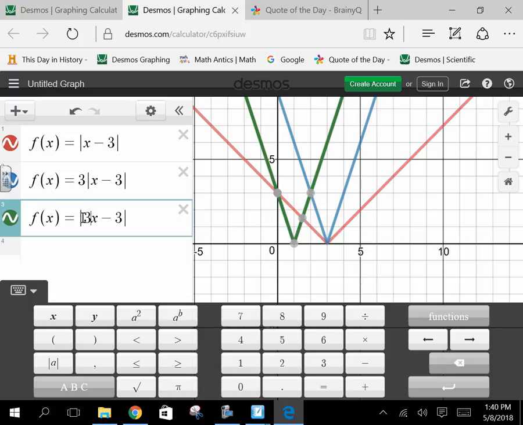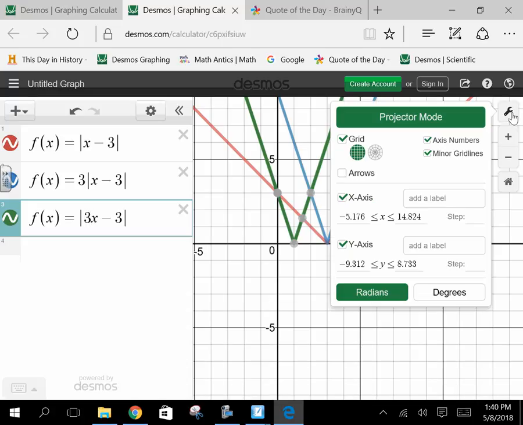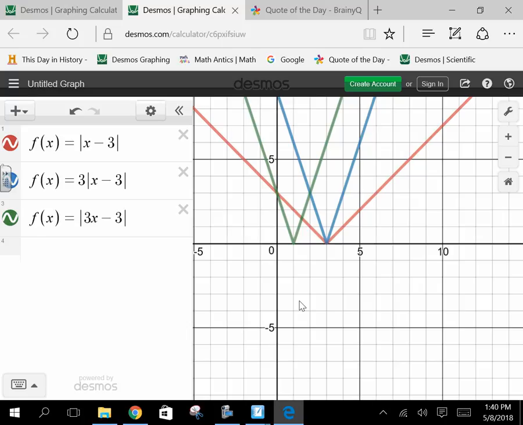So now look at the green one. I got a horizontal shrink. Now look at the green compared with the blue. Actually, the red is the original. Notice how they both cross the y-axis the same way. Let me erase the blue. Compare the original red with the green now.